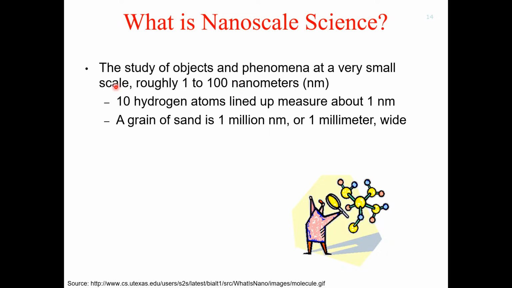And how small should that scale be? Roughly, it is between 1 to 100 nanometers. Nanoscience or nanotechnology is basically the study or observation of phenomena at a scale of 1 to 100 nanometers. This is the more formal definition of nanotechnology or nanoscience.